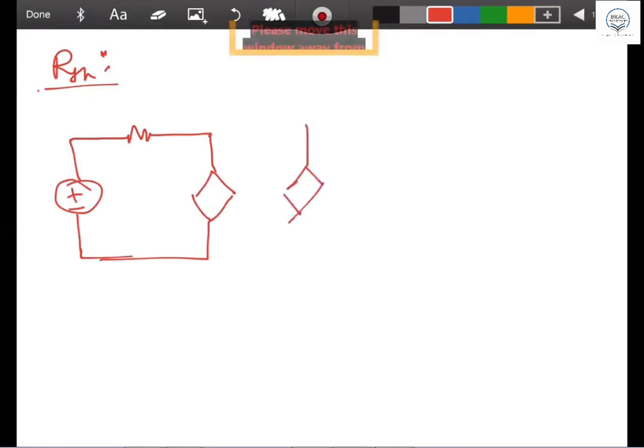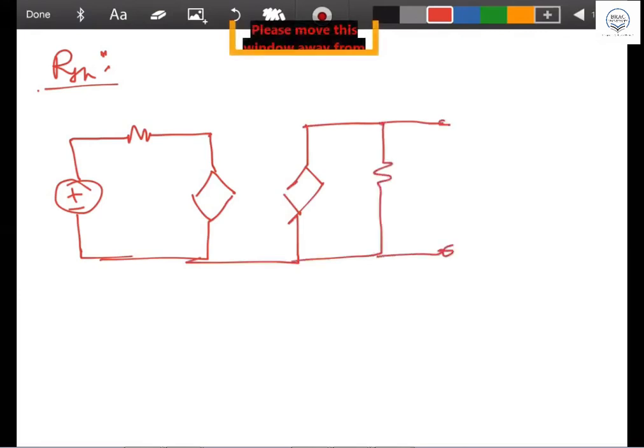But first, can you check and tell me what I have written here? Did I write it properly or not? This is plus minus 3V. This is downward direction 20I. I was going this way. Now I write in red color. 5 volt. This is 25 ohm.